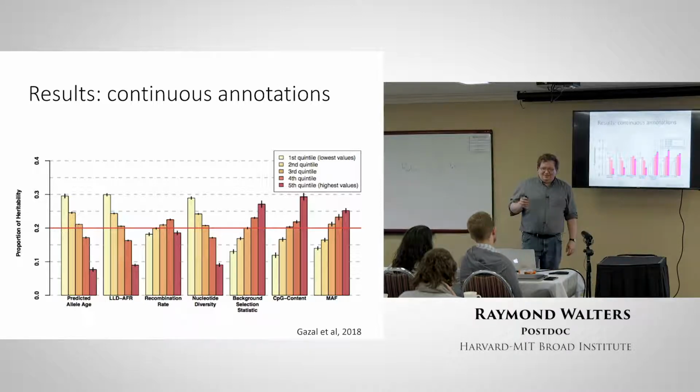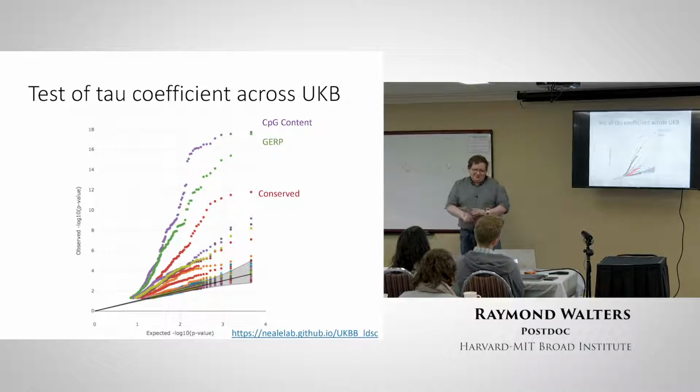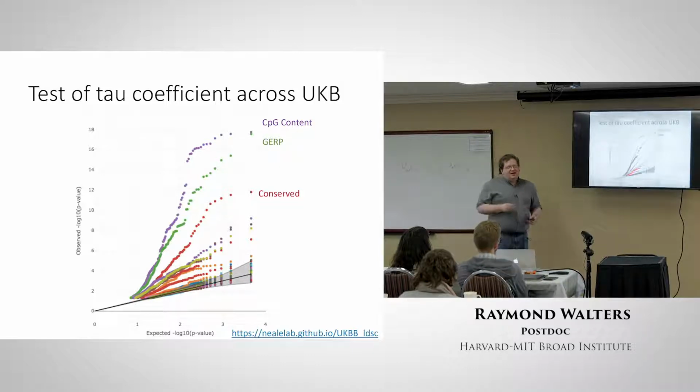We can also start thinking about this at scale and in terms of the individual tau coefficients. So this is results from a few hundred traits out of UK Biobank where we've done partitioned heritability and just looking at the general trends in those results.